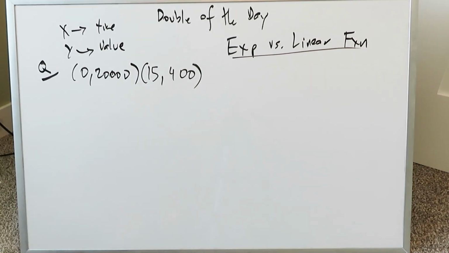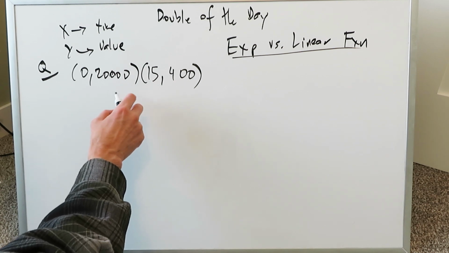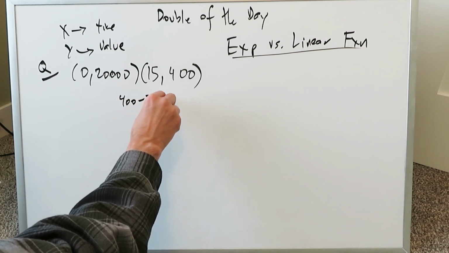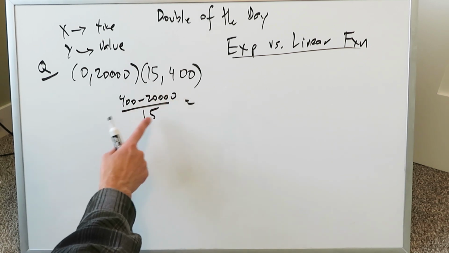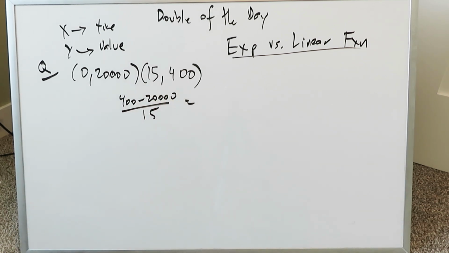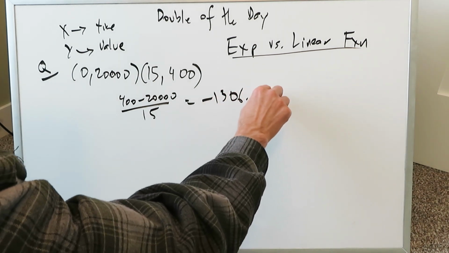If you want to develop the linear equation, you know that's easy. y equals mx plus b. You have to find the slope first. You'll have 400 minus 20,000 divided by 15. This is y2 minus y1 over x2 minus x1. And you can easily get the slope, and let's do it. We have 400 minus 20,000 divided by 15. We have here a minus 1306.66.